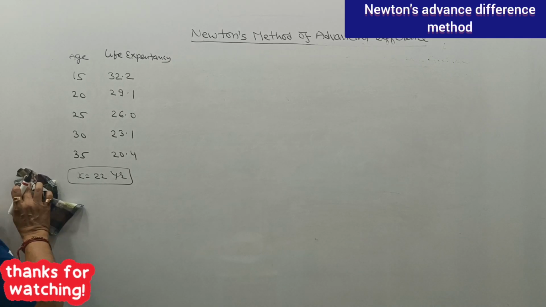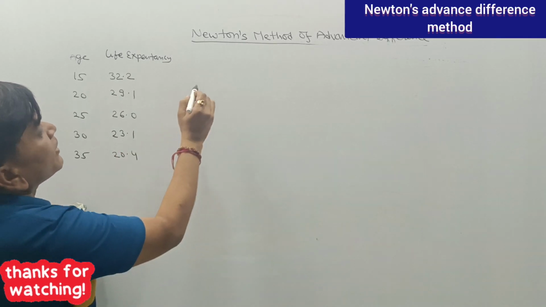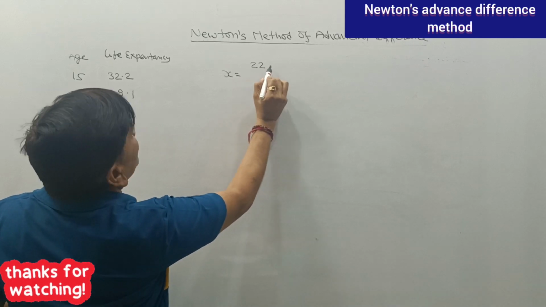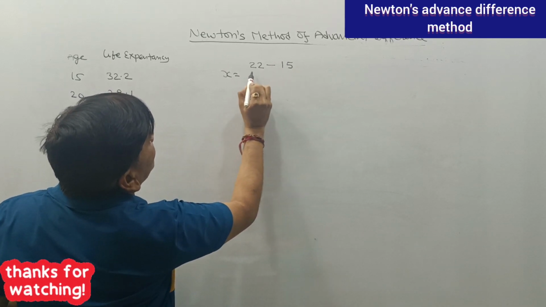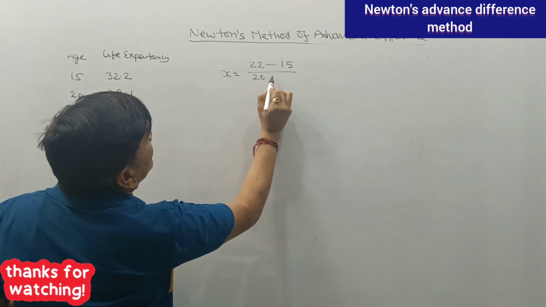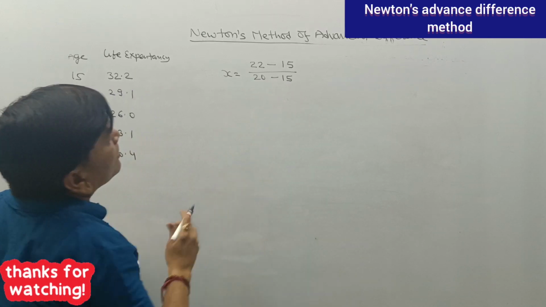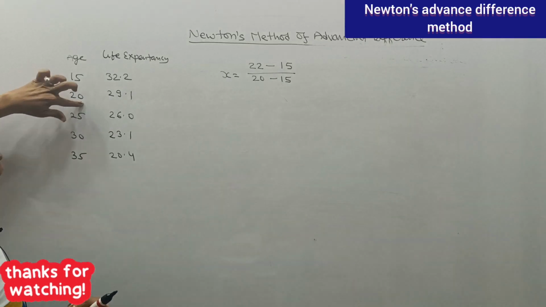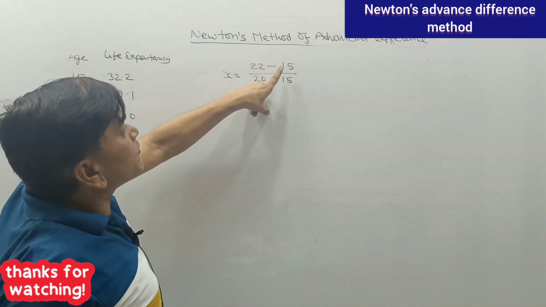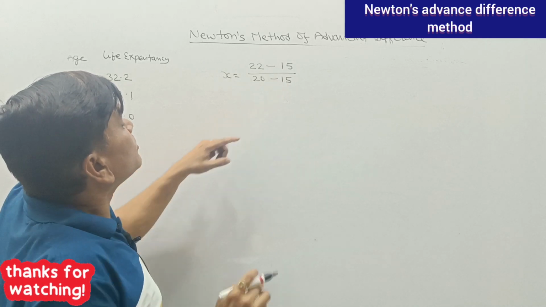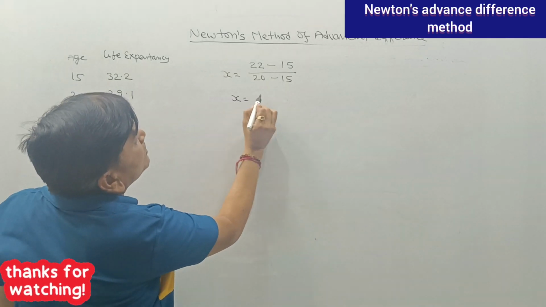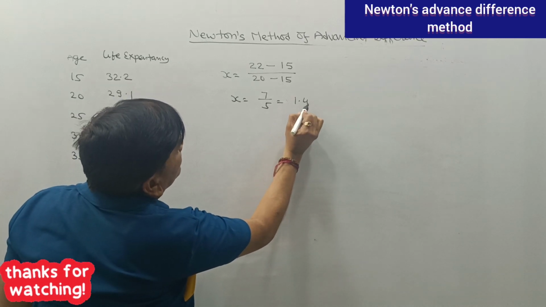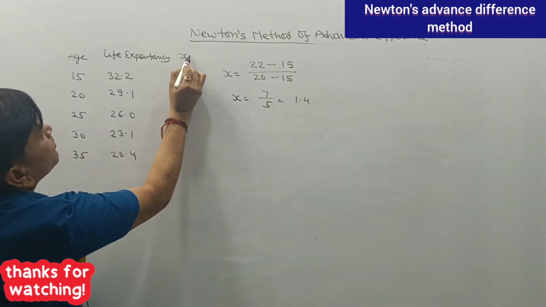So the very first, the value of x: the interpolation year 22 minus the first year 15, divided by the difference of 2, that is 20 minus 15. So 22 minus first year, divided by the difference, x is equal to 7 divided by 5, that is 1.4. So the value of x is 1.4.